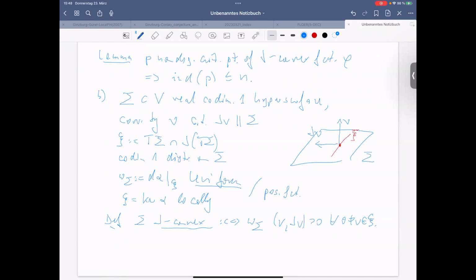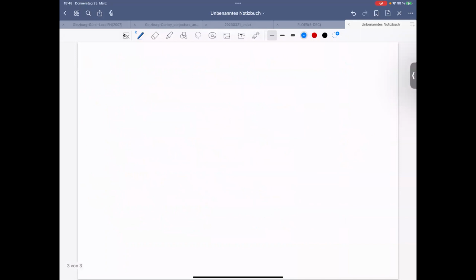And now, somehow expected relation between convexity of functions and of hypersurfaces, as you would hope. Namely, if the function phi from V to R is J convex, and let's say we restrict to a region away from the critical points, so that whenever we take a level set, it's automatically a regular level set, so it's a submanifold.